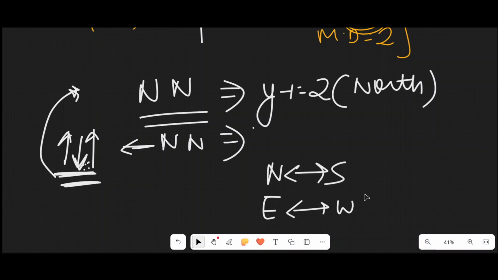You may see which of them is greater, whether north is greater than south or south is greater than north, and then you may find out the maximum difference, right? So this is what we are going to do in this question.